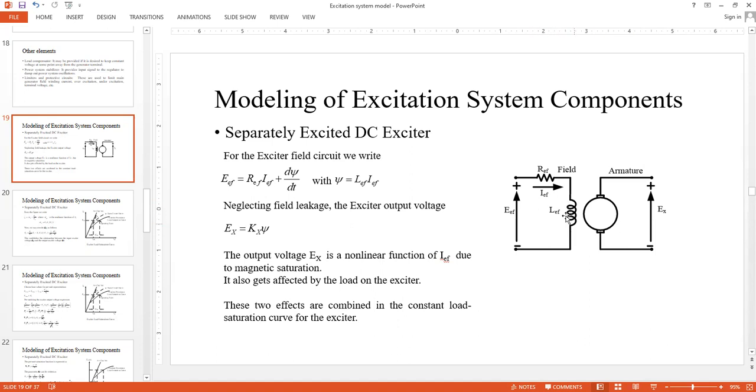So this voltage output EX, which we treated later on as the EFD, that is the field voltage, would be directly applied across the DC field of the main generator.